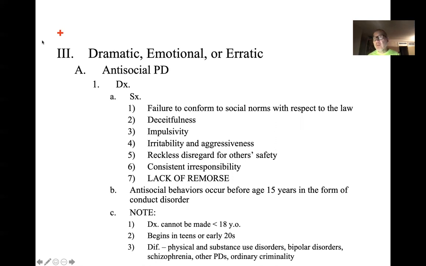And here's a big one: lack of remorse. A lack of ability to empathize. And when causing harm and hurting others, not feeling bad about it, feeling entitled to whatever they did, whatever sexual violent impulse they acted on.